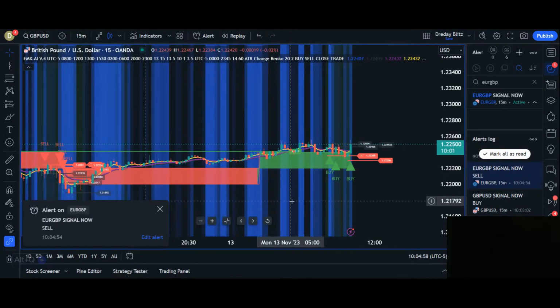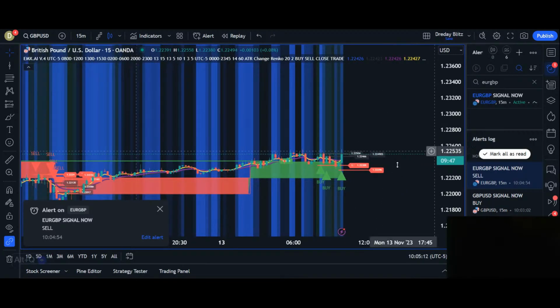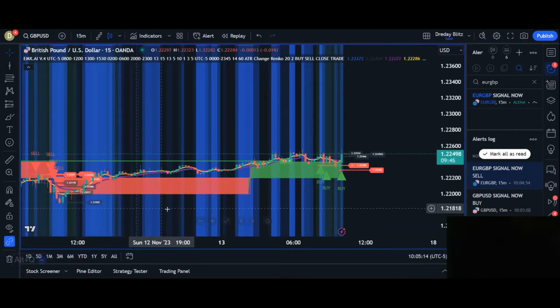So Euro GBP sell. So we had three buys, okay? One at 8:15, 8:30, and then at 10, okay? So GU buy. So I'll take that buy here on my end.